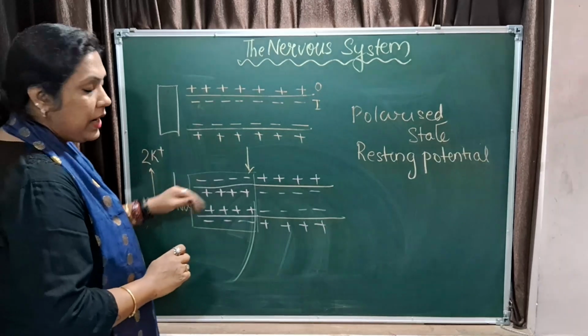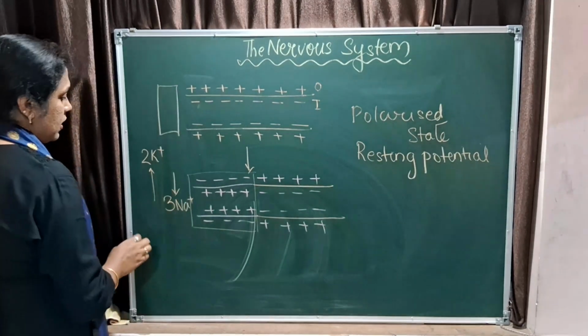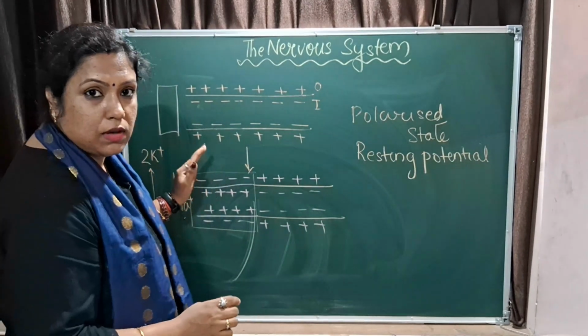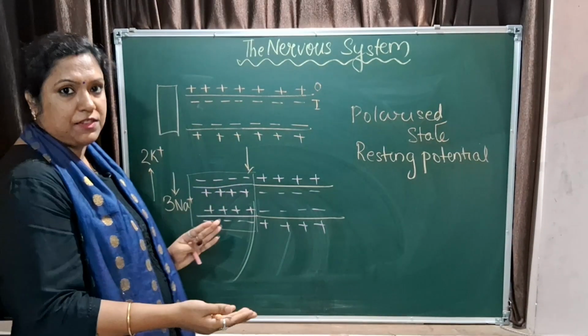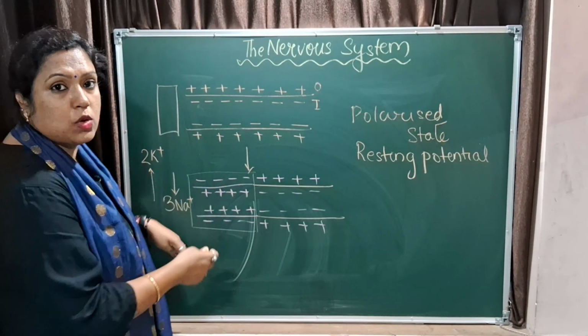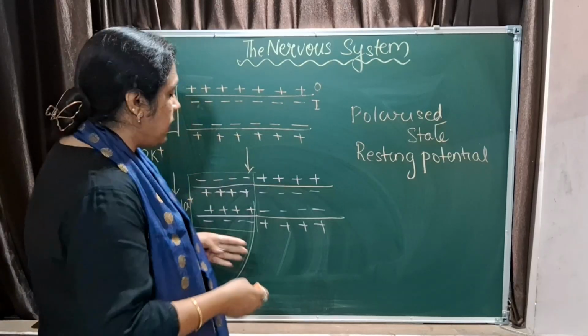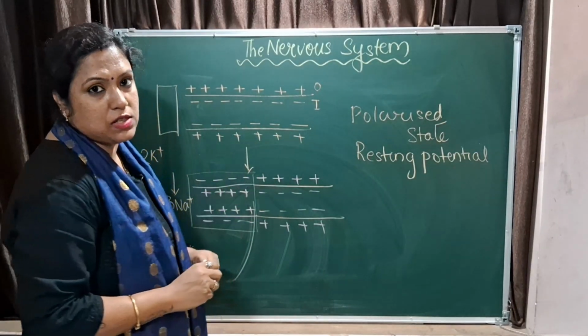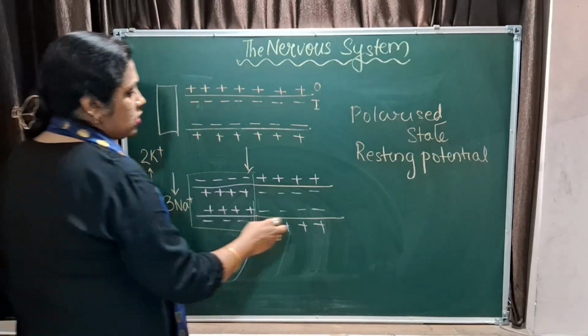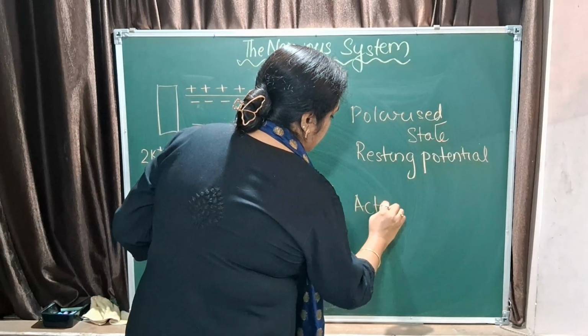This creates a gradient, and this is how the impulse travels. Later, by active transport, that is pumping the sodium out to the normal place, the restoration of the polarized state or resting potential is attained. This is called the action potential.